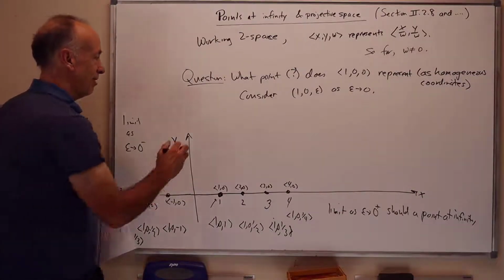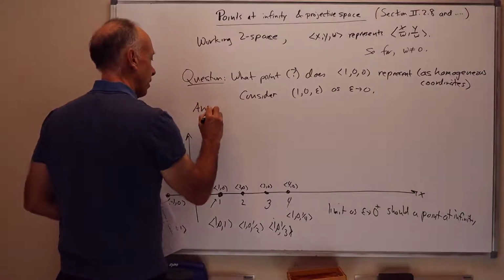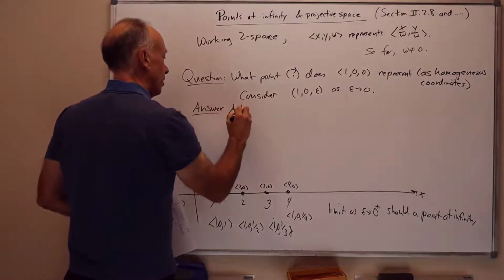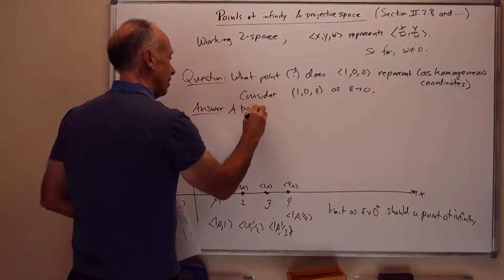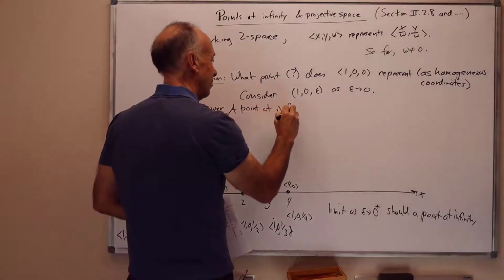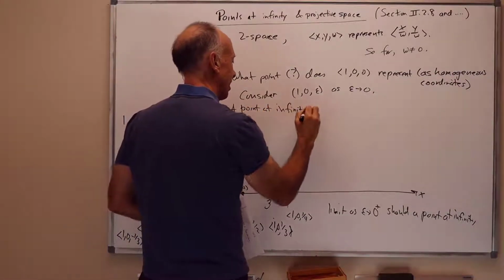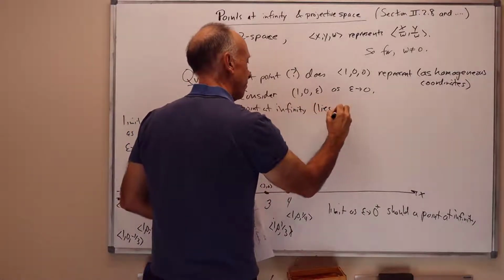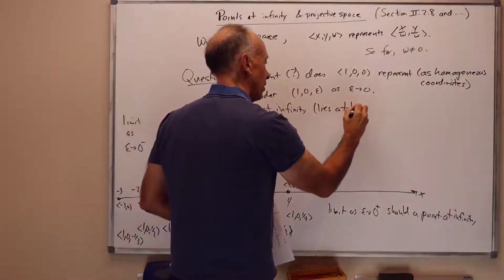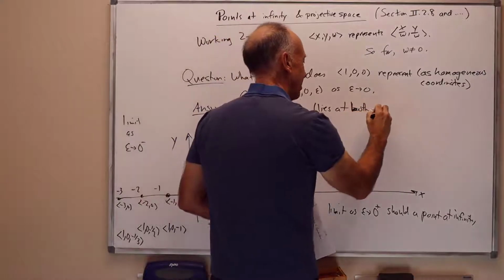So the answer to this should be then, there's a point at infinity that essentially lies at both ends of the x-axis. In other words, it's the same point at infinity.